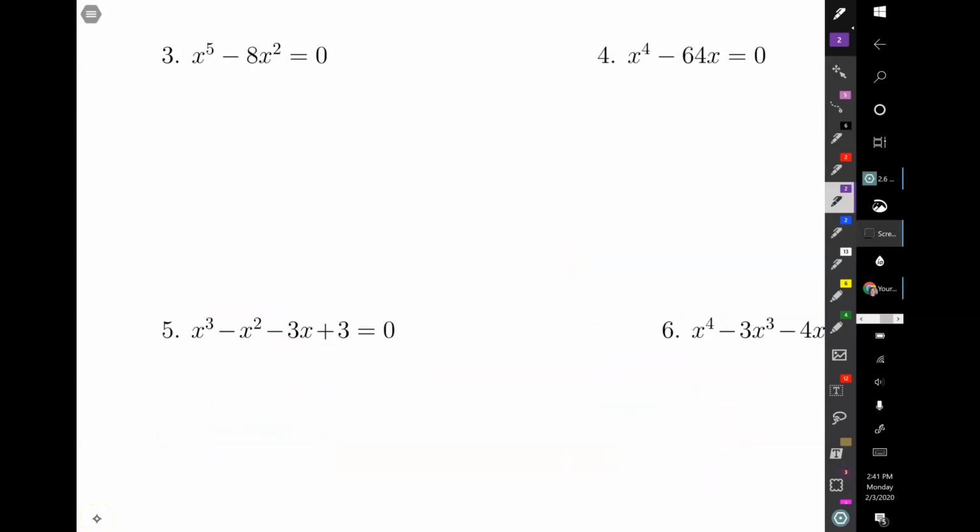Okay, now this one's just a little bit different for you. My greatest common factor is going to be a squared term. So number 3, x to the 5th minus 8x squared. So I can actually factor out an x squared. And then I have parentheses, x to the 3rd minus 8.